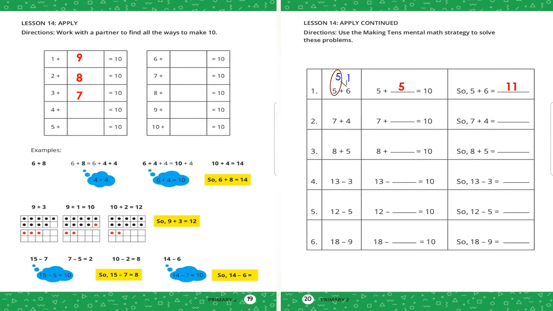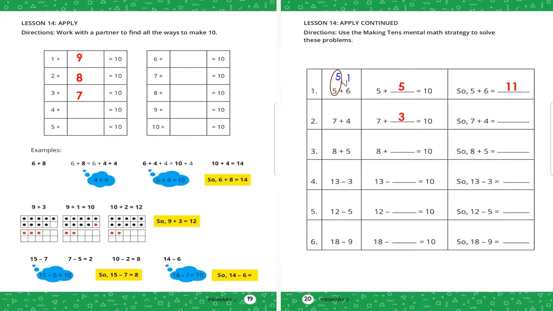The next problem, 7 plus 4. Look at 7. 7 is very weak. It needs to be a superhero, to be Mr. 10. So 7 needs what? 7 needs 3 to be Mr. 10. Okay? 7 will go to 4 and ask it, 4, can you please give me 3? 4 will say, okay. 4 is 3 plus 1.